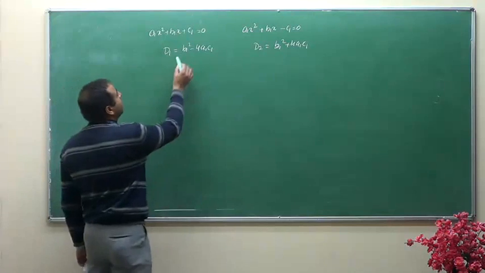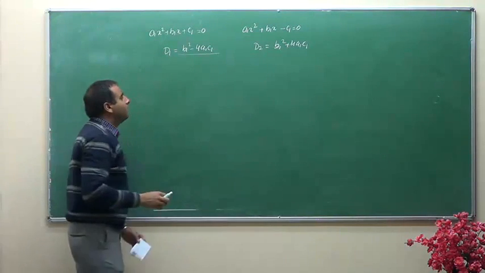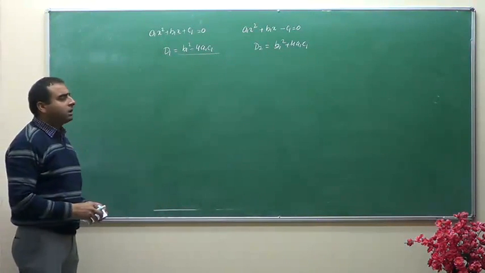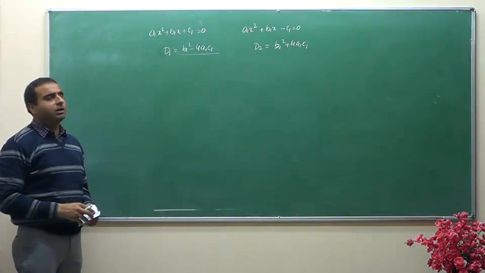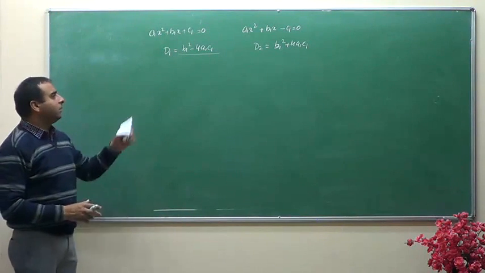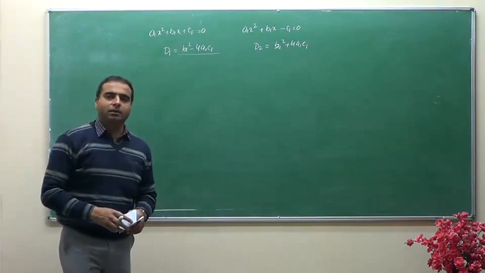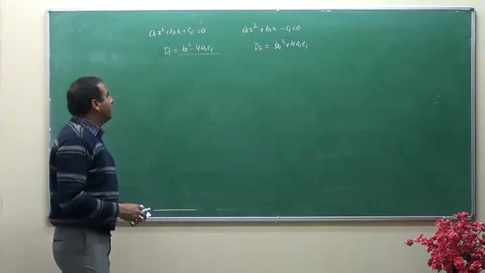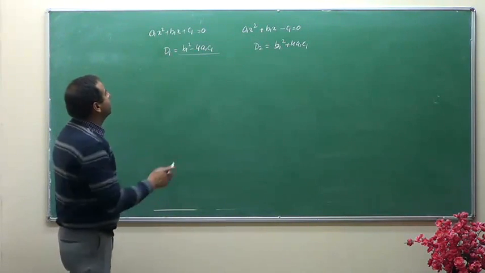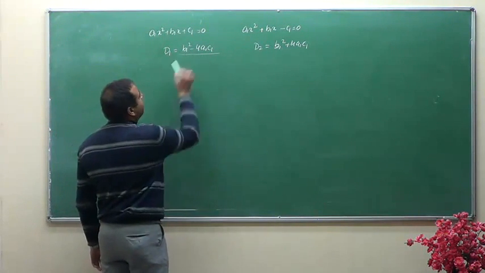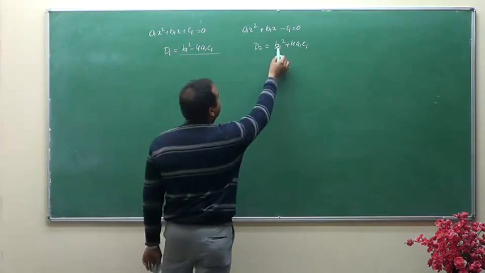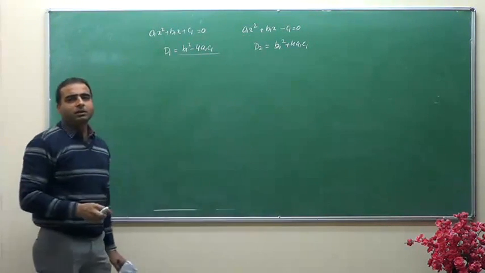Now, from this expression, there is no information regarding the sign of b1 square minus 4a1c1, and similarly for the second expression, d2. So if we notice, d1 is b1 square minus 4a1c1 and d2 is b1 square plus 4a1c1.